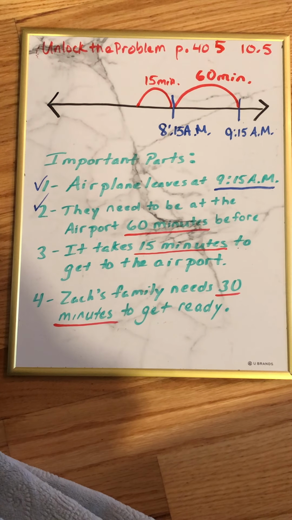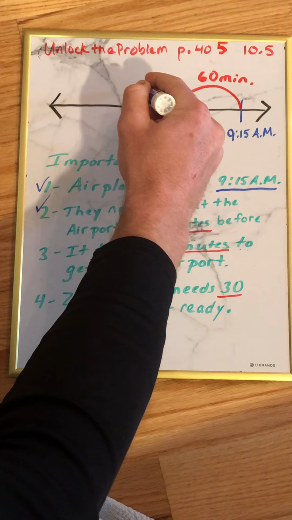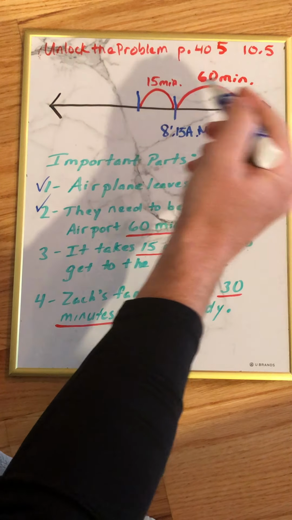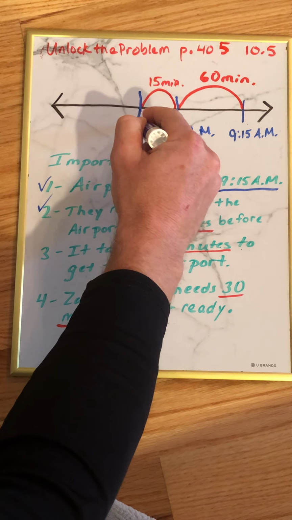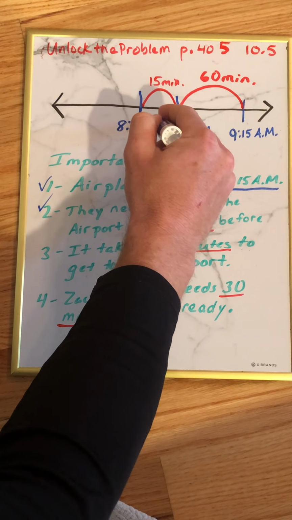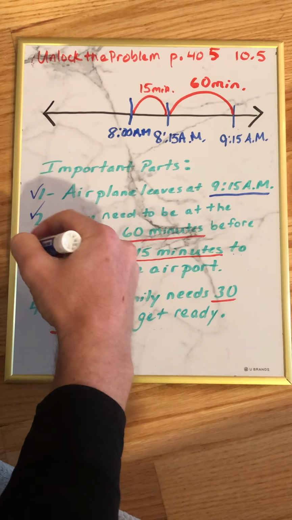This may be another easy problem for you guys, because if it's 8:15 and you take 15 away, let's do our next tally mark here. It is 8 a.m. All right. We can check that off our list as well.